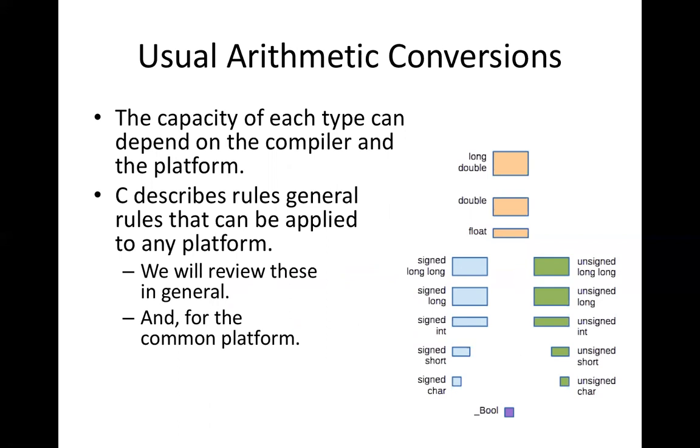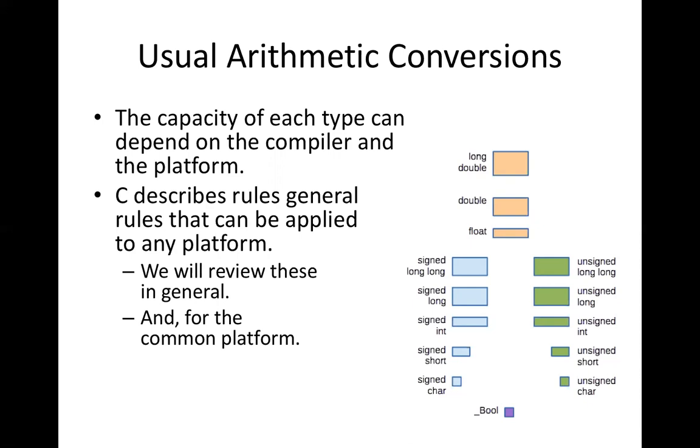Over on the right, I've got a picture of all the different types, the fundamental types built into C. So we're really talking about the conversion rules the compiler will put in between those types. As I talk about these, I'm going to try to talk about them in general.